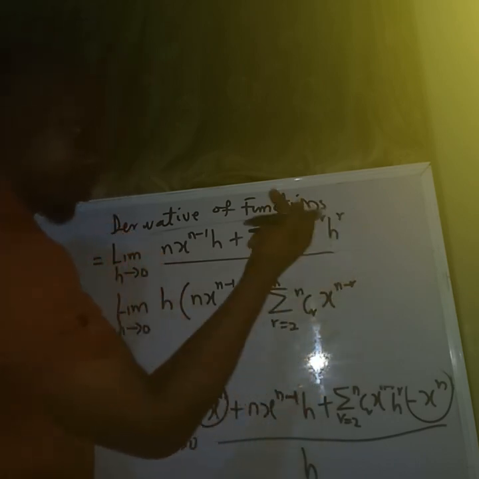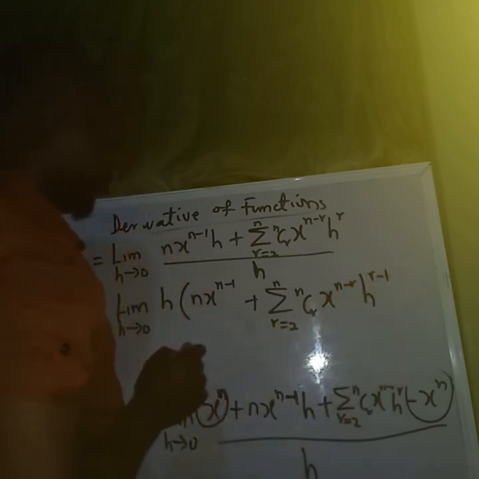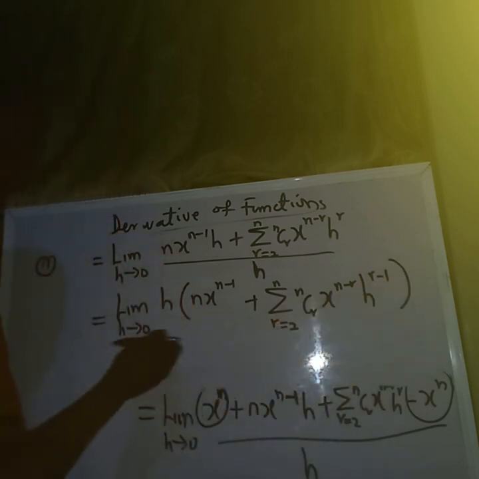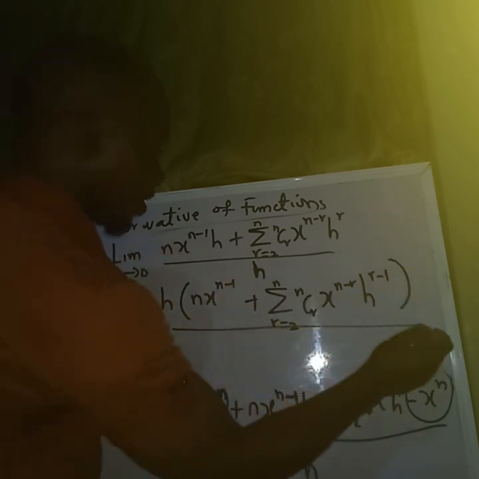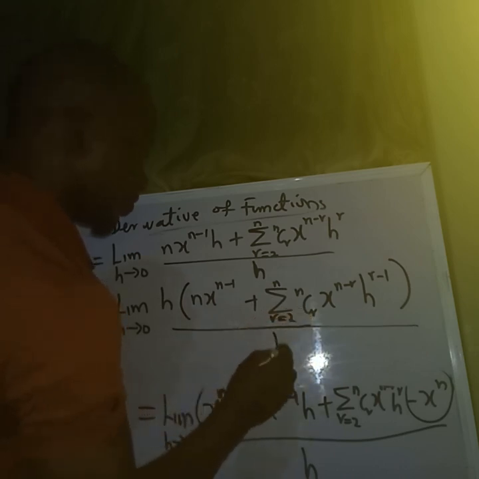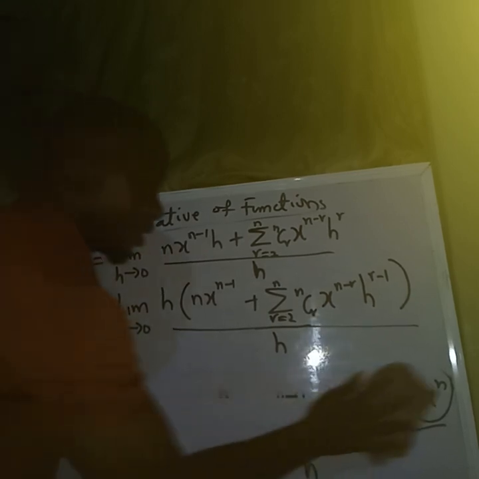Since we are taking one h out, this h will be raised to the power of r minus 1. And of course, everything over h.